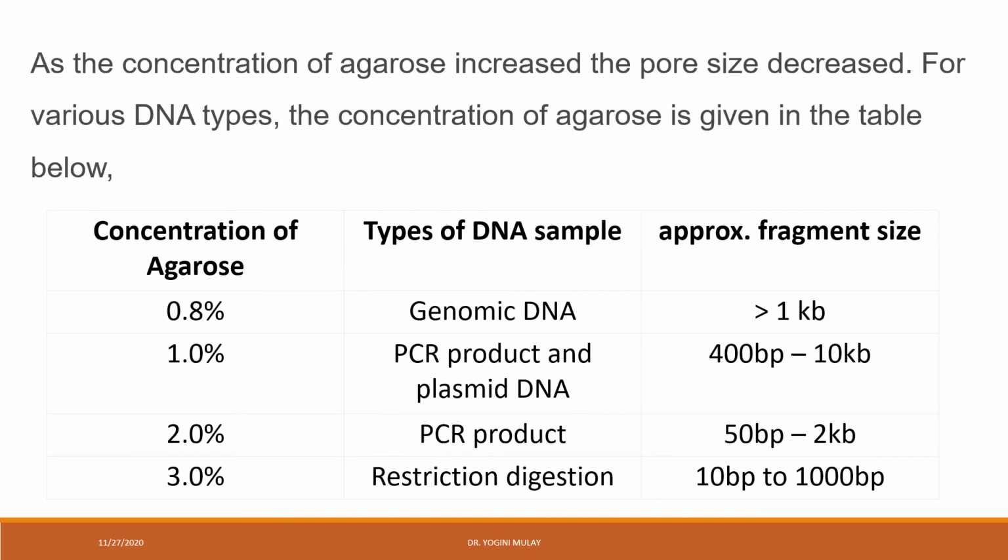As I said, as the concentration of agarose increases, the pore size decreases, and therefore for various types of DNA, we need to select various concentrations of agarose. What do I mean by this?